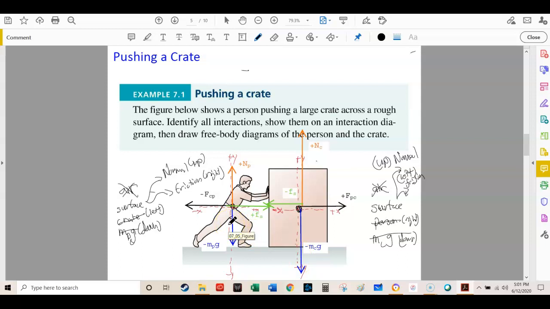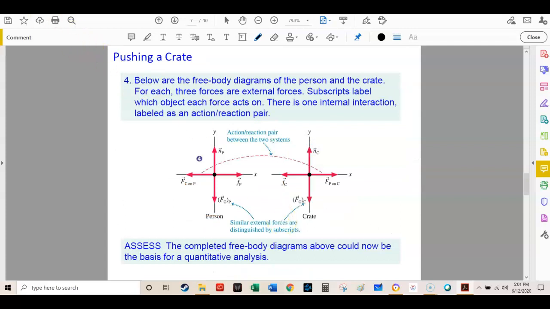They didn't say that the person and the crate had the same weight. It looks like this crate has a lot more matter in it than the person, so that's why I was considering the mass of it greater. Mass times gravity, rather, greater. Okay? So that's the basics of it.